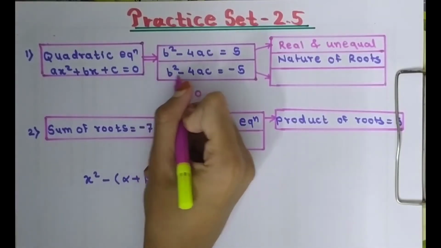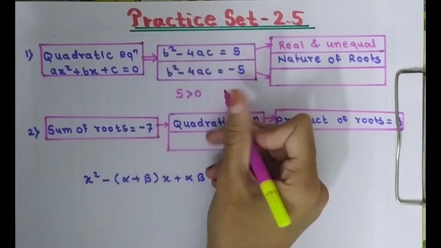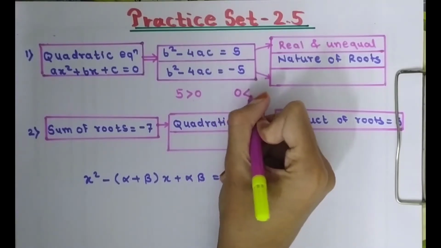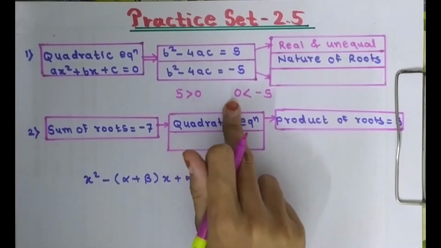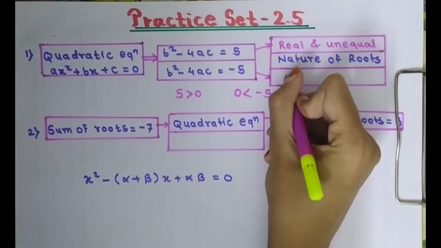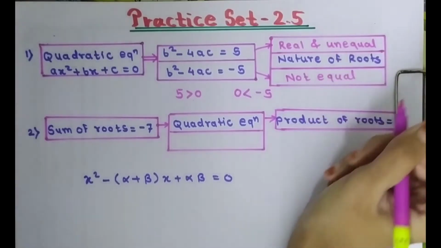Here b square minus 4ac is equal to minus 5, which is less than 0, therefore its nature of roots is not real.